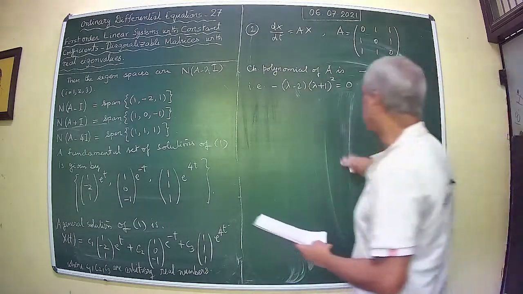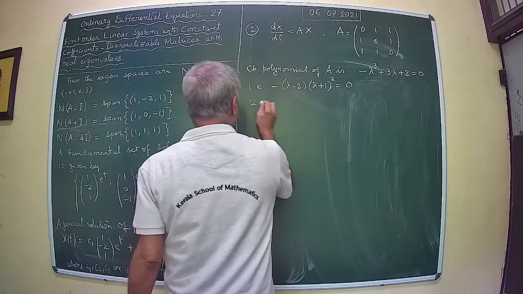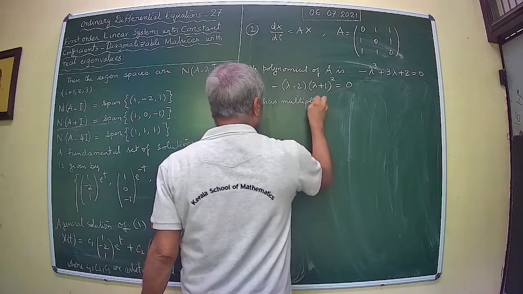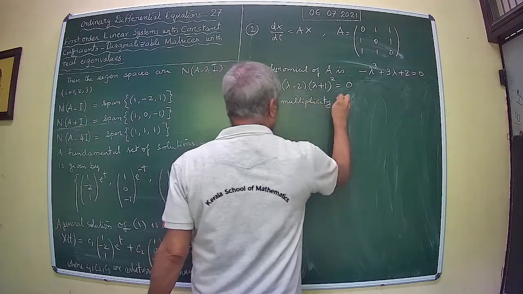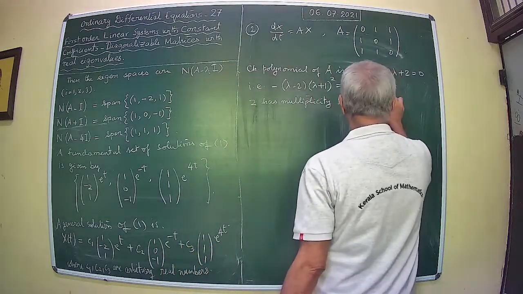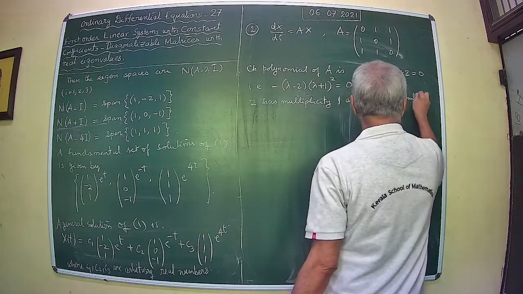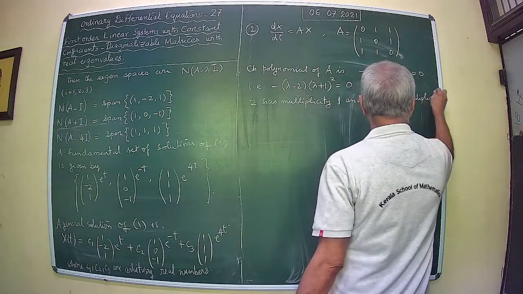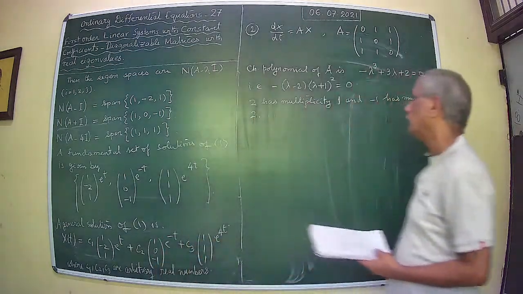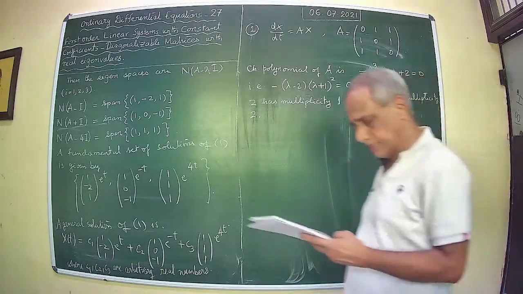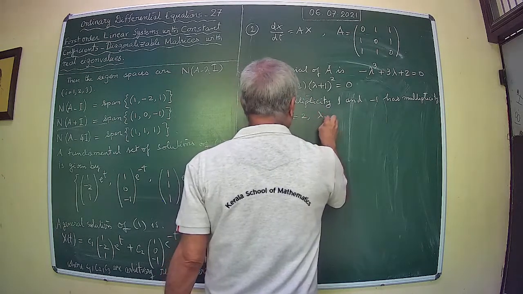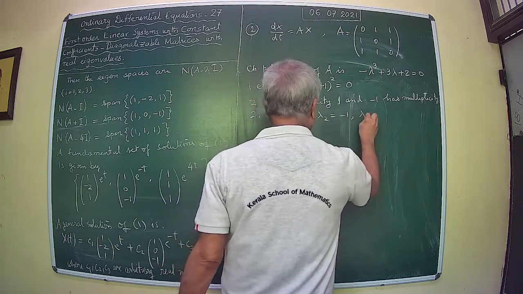The eigenvalue 2 has multiplicity 1 and minus 1 has multiplicity 2. So we take lambda 1 equal to 2, lambda 2 equal to minus 1, lambda 3 also equal to minus 1.